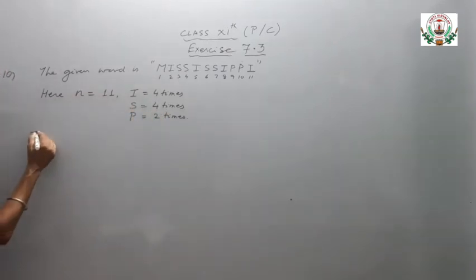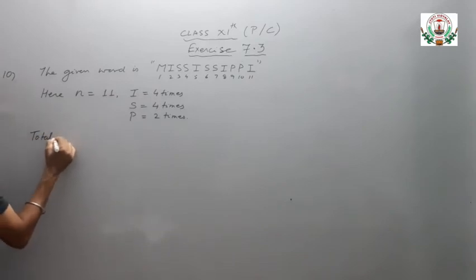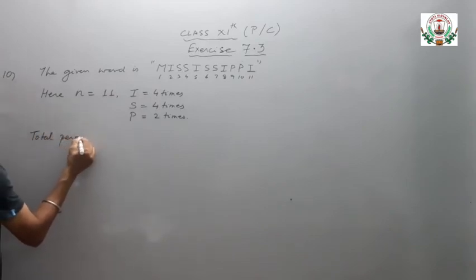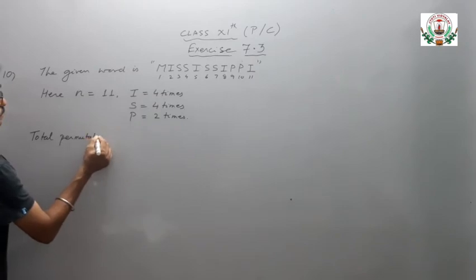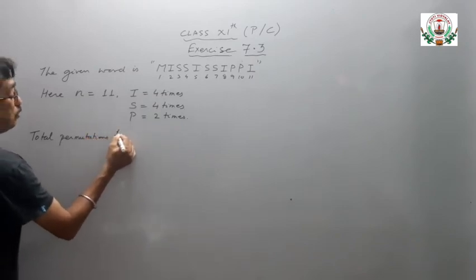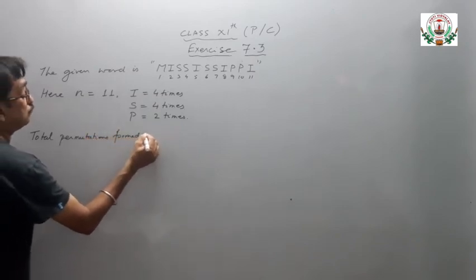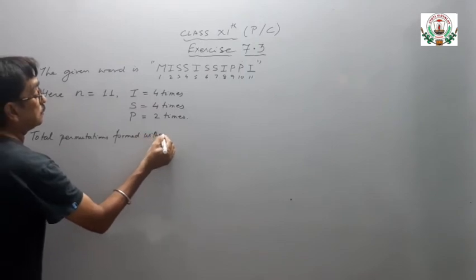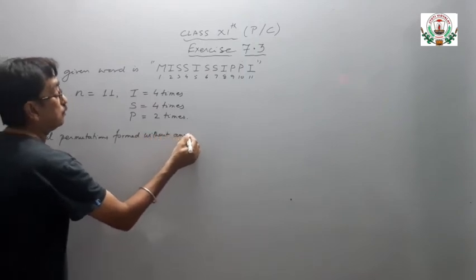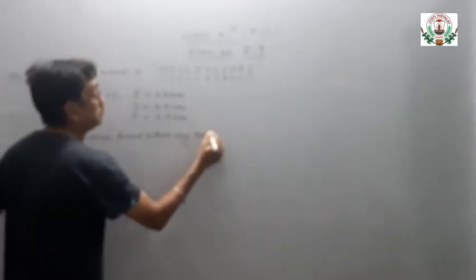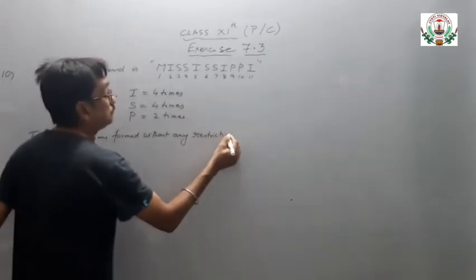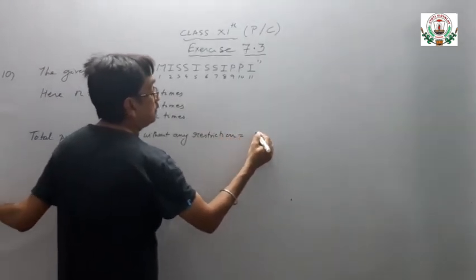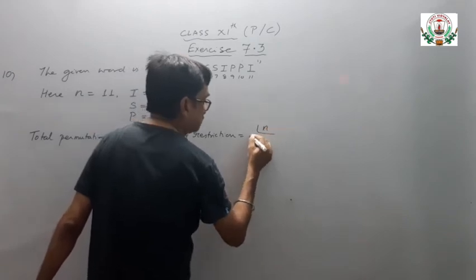So the total permutations formed without any restriction will be given by a formula. Listen carefully.